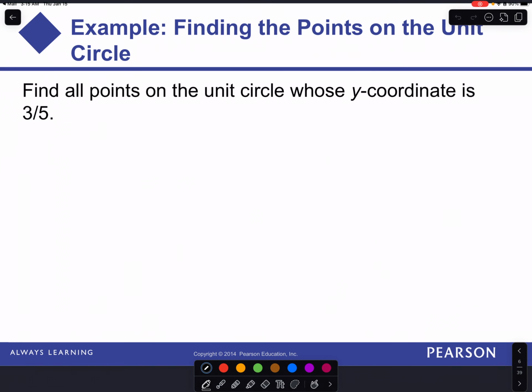If we're working with the unit circle, let's start with x squared plus y squared equal to 1. If our y-coordinate is 3/5, let's just plug in 3/5. So we have x squared plus 3/5 squared equals 1. Then let's solve for x from here.